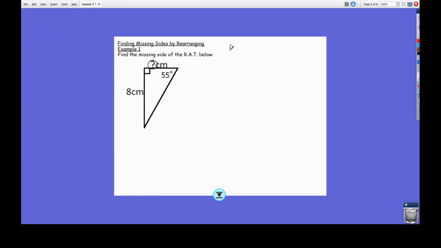So we start off the same way as before. Less is more. We label our triangle. So opposite the right angle, my hypotenuse. Opposite the angle we're given, the opposite. And the remaining side, the adjacent. Okay, great. So we've labeled our triangle, and now let's look at the equations.